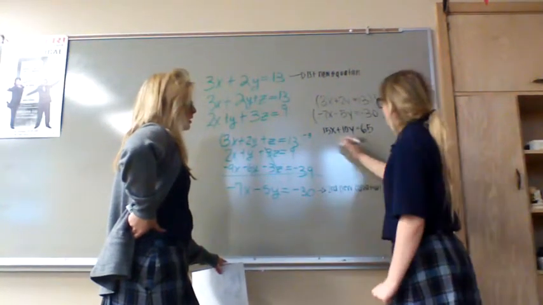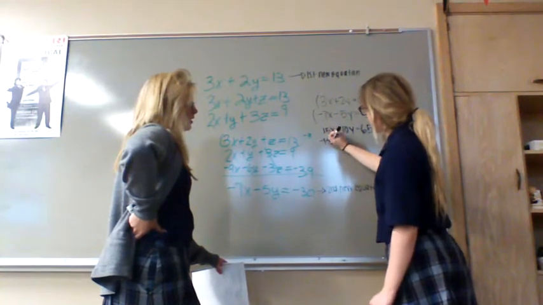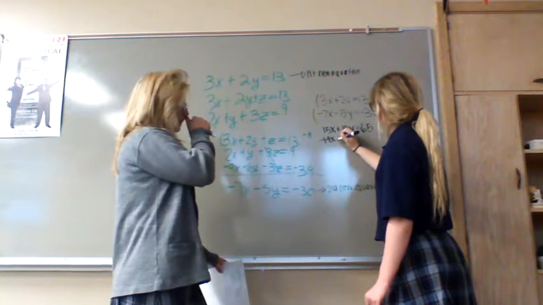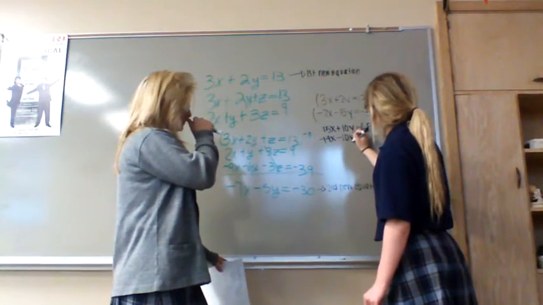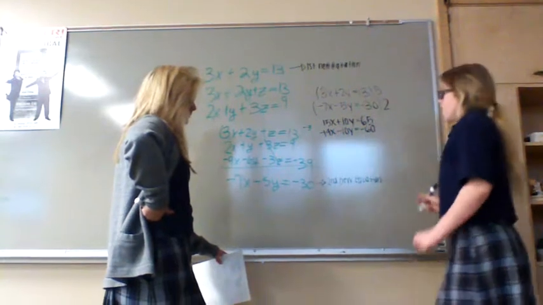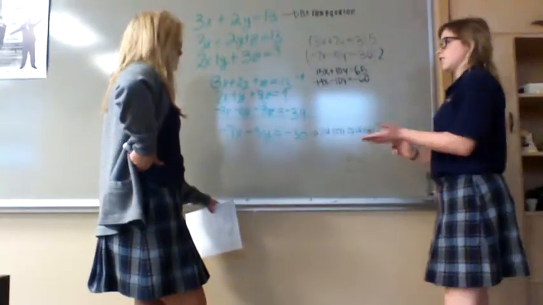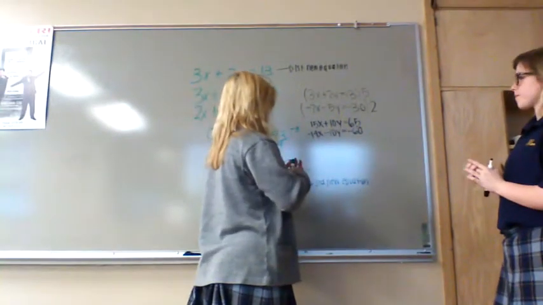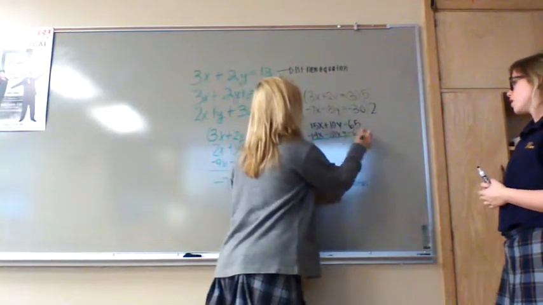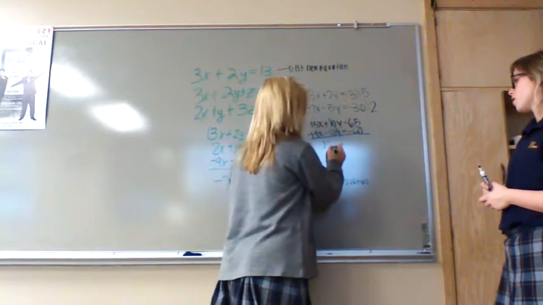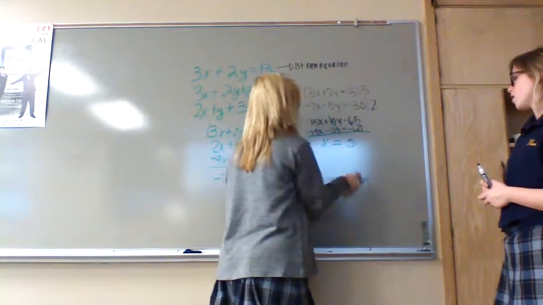And then the bottom one will be negative 14x minus 10y equals negative 60. Then add them, and you cancel out the y's. So then you get x equals 5.